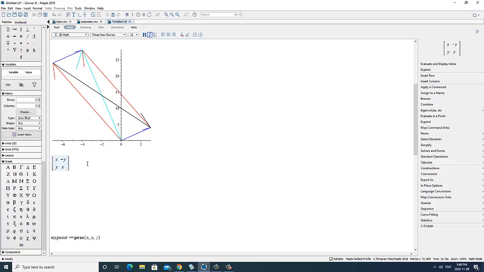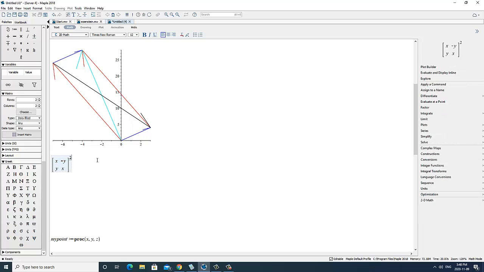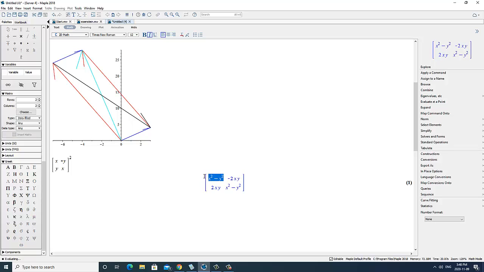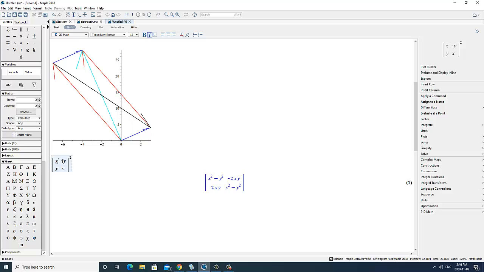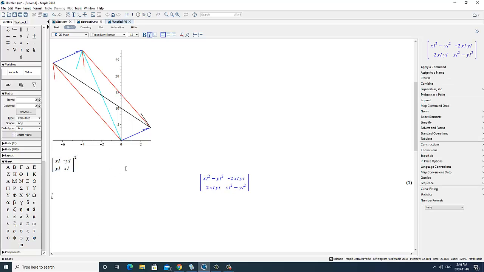So that there is the rotation matrix, except it's not unit vectors. And right here, x squared minus y squared. I mean, we could put x1 here if that makes you happy. X1 squared minus y1 squared.